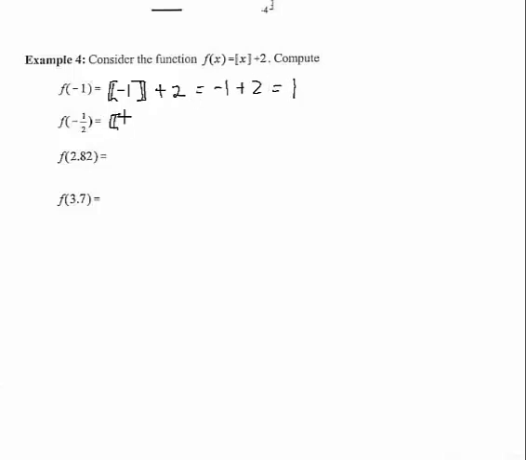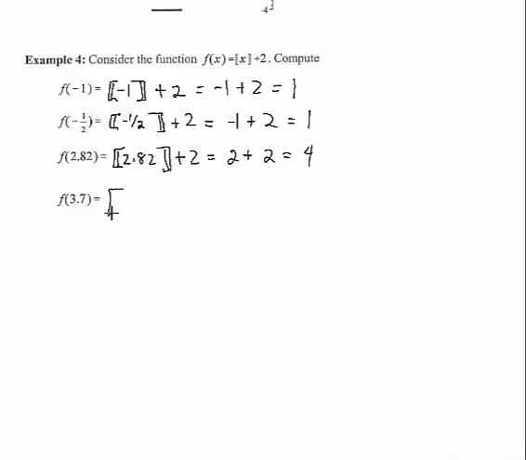Greatest integer less than -1/2 is a -1. We add 2 to it and we get a 1 again. The greatest integer less than 2.82 plus 2 would be 2 plus 2, 4.